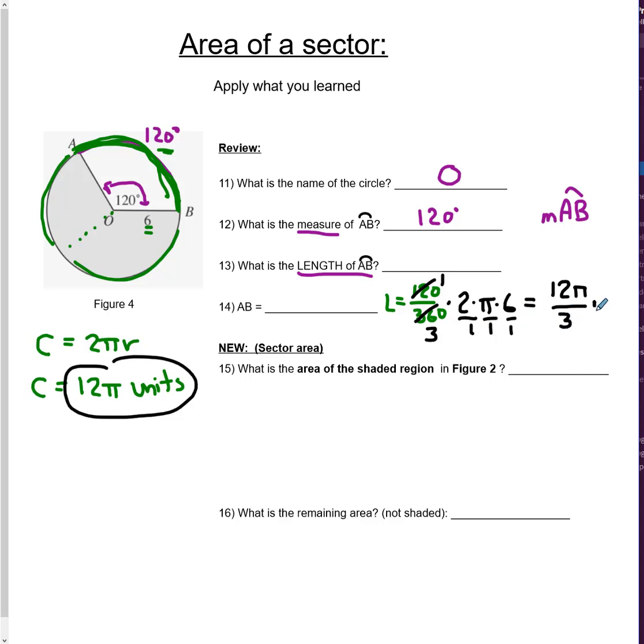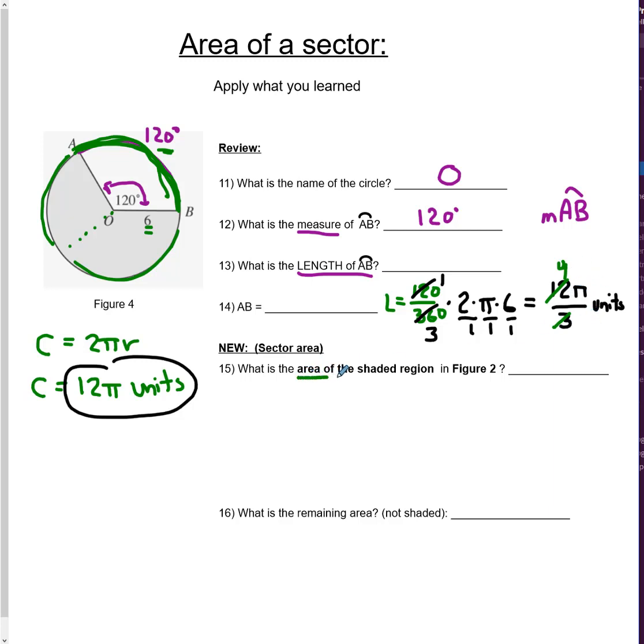And this is units. It's a length. It's not units squared, it's units. And then, of course, 12 over 3 reduces to 4. So that's how long it is. It's about 12 units. If units were meters, this would be 12 meters. It's not 12, right? Pi is 3.14, but it's about 12, 12 and a half, right? A little more than 12, okay?